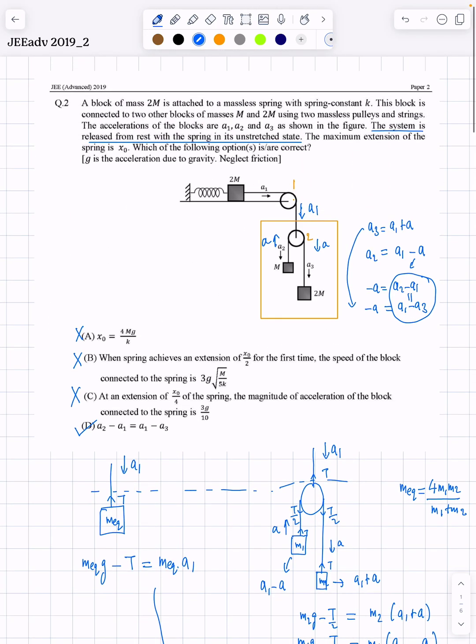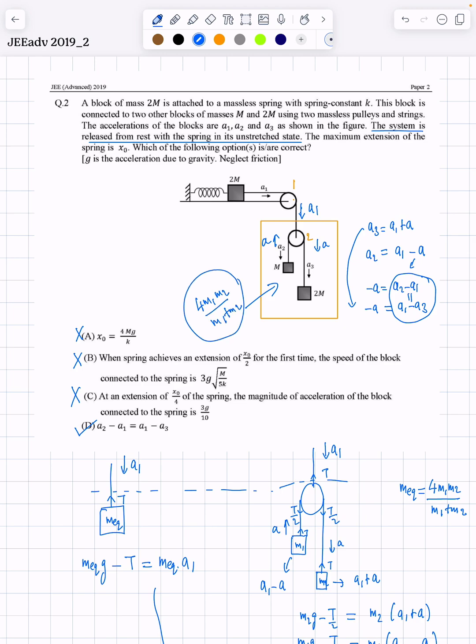As I said, from first principles also we can solve this. But I think it is good to use the fact that this entire system can be replaced with a mass equal to 4 m1 m2 over m1 plus m2.